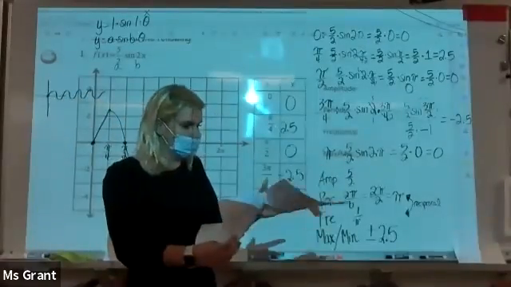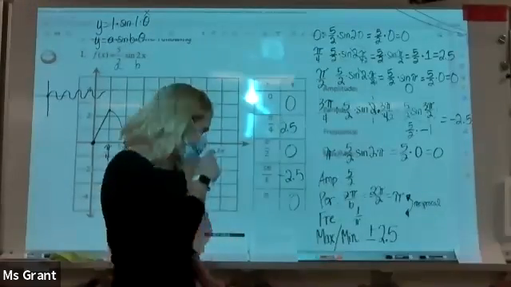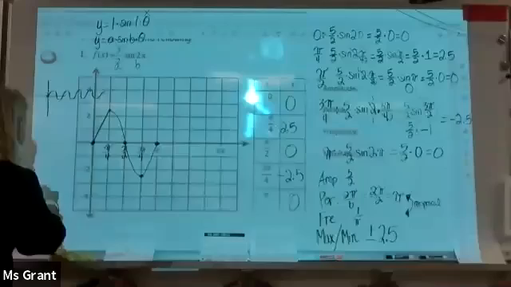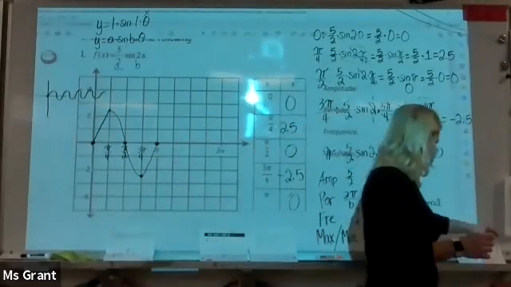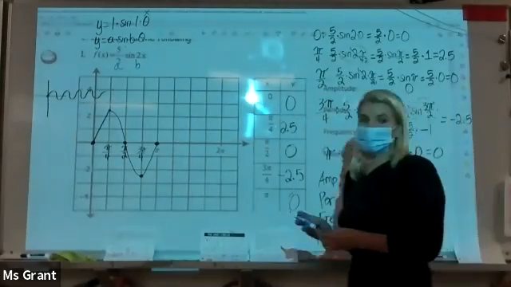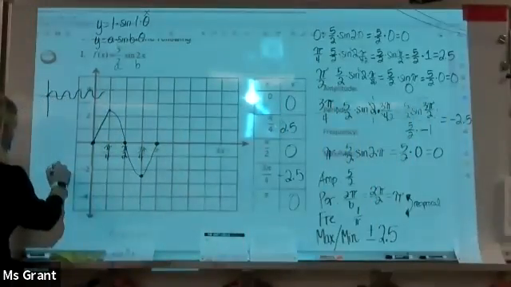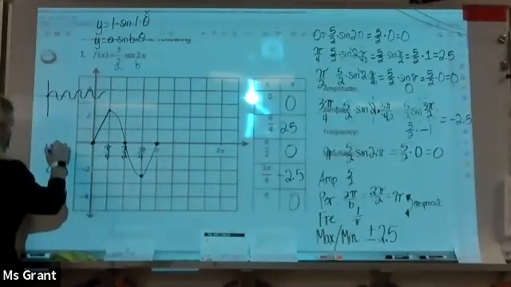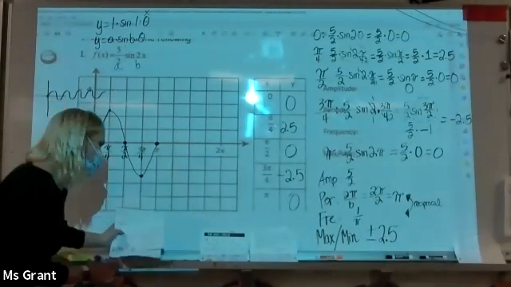Number 3, let me talk to you about number 3 on the homework. My A is negative 3. If my A is negative 3, that means it goes downward, right? Isn't that the same for a parabola? This is number 3. What's my A?